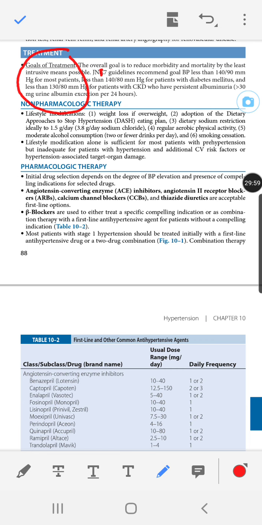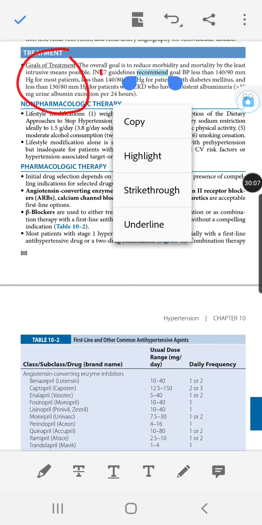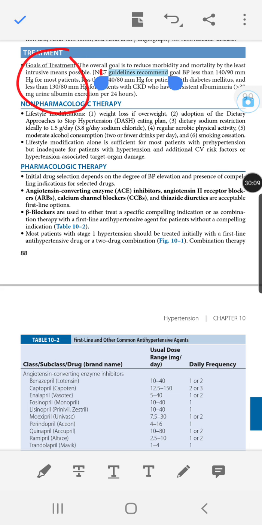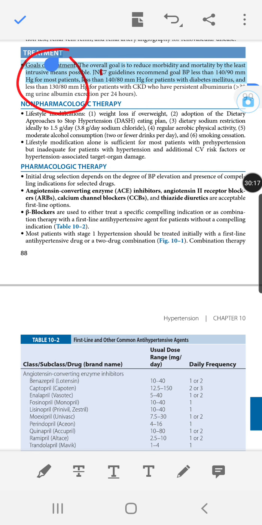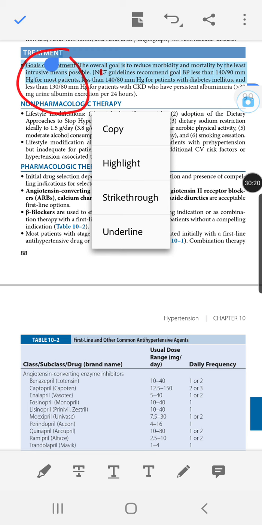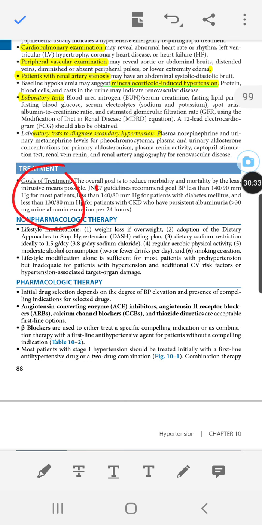The second goal is mentioned here about the JNC recommended BP goal: less than 140/90 for most patients, less than 140/80 for patients with diabetes mellitus, and less than 130/80 for patients with CKD who have persistent albuminuria.